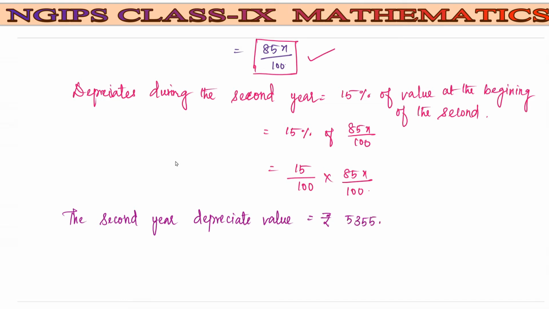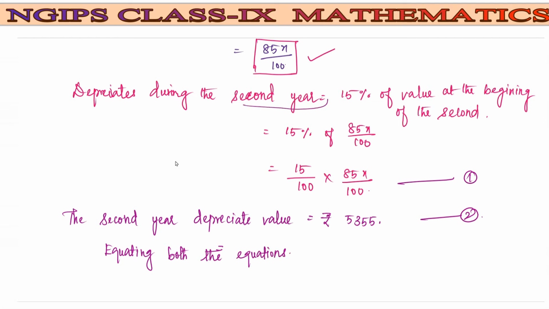Now this is equation 1 and this is equation 2. Equating both the equations. Now see here, we found the depreciation for the second year, and this value they have already given as the depreciation value for the second year. So both these values we need to equate.